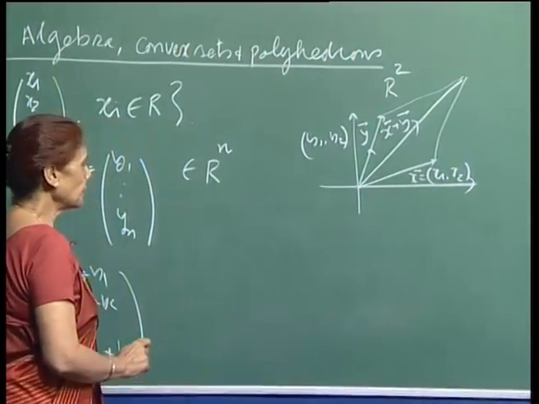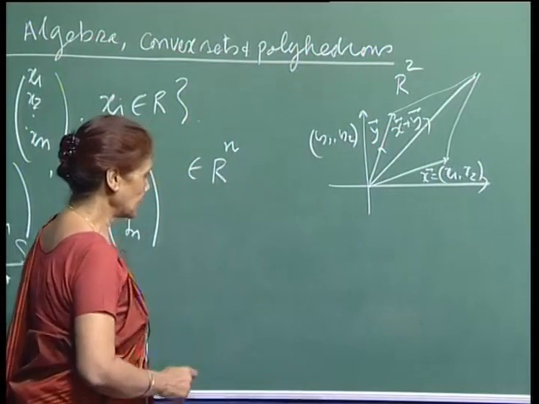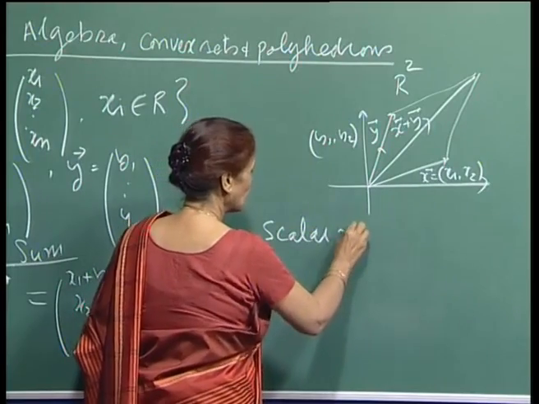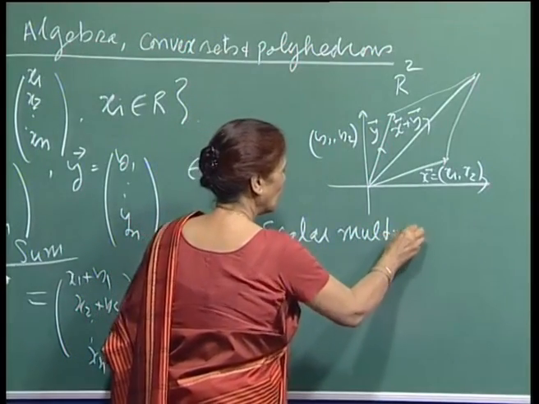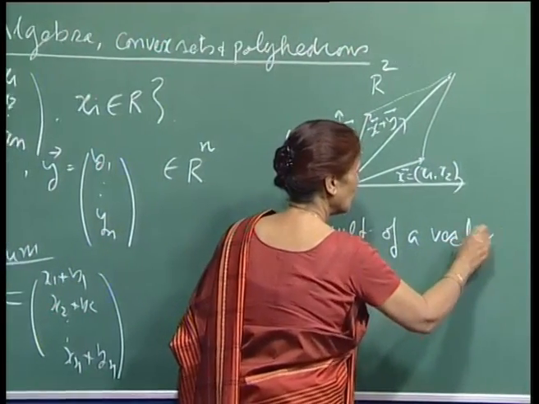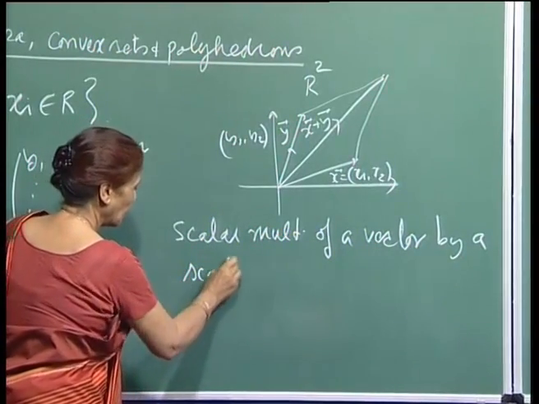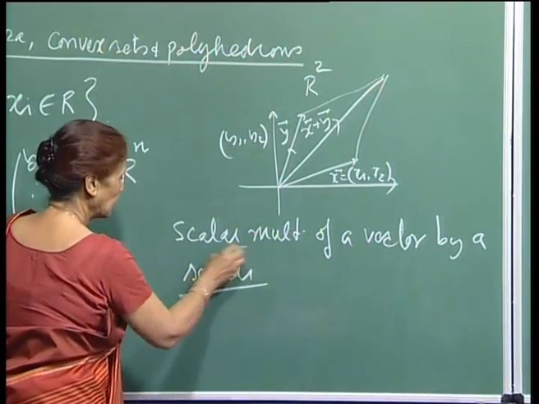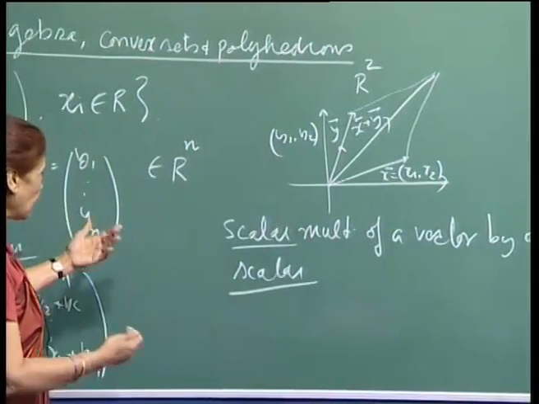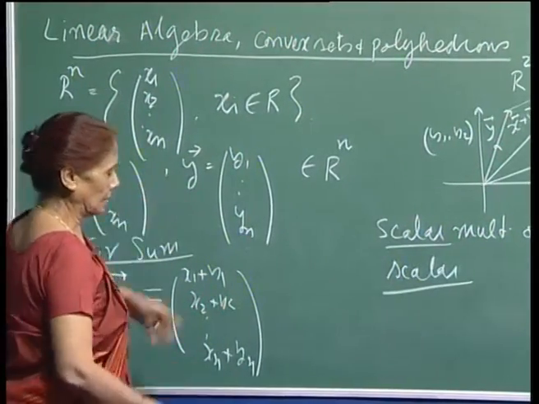Another operation that we define on this collection of n tuples, or vectors as we are calling them, is scalar multiplication of a vector by a scalar. When I say scalar, I mean a number that is again a real number, coming from R, but is not part of an n tuple.